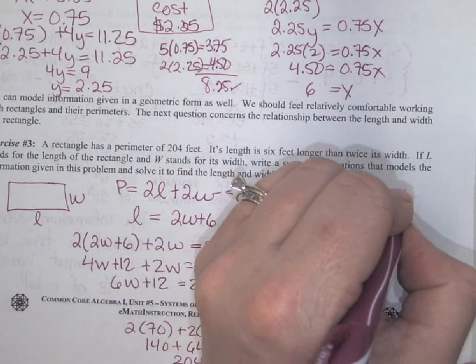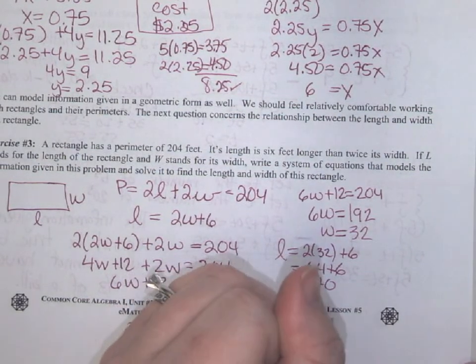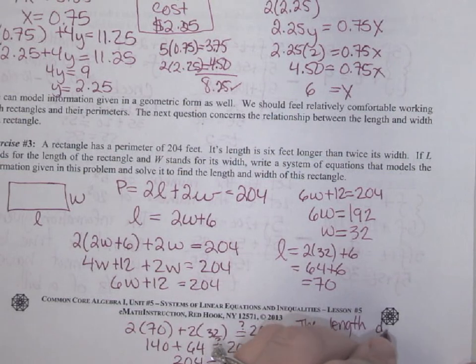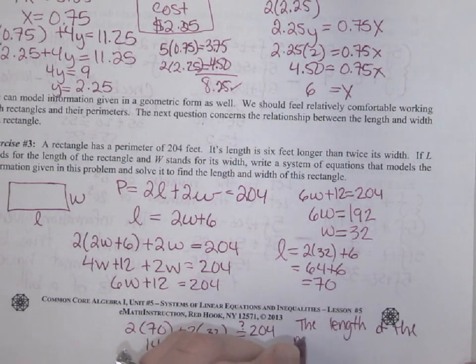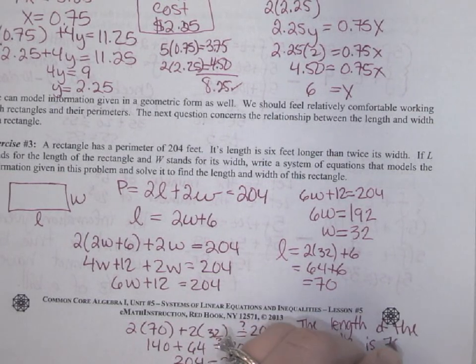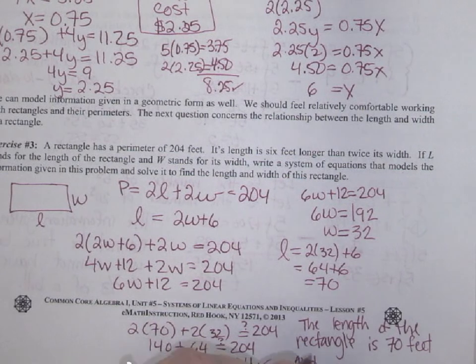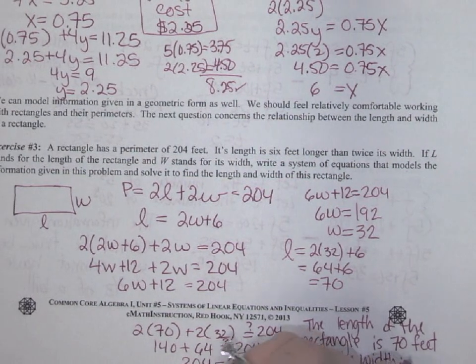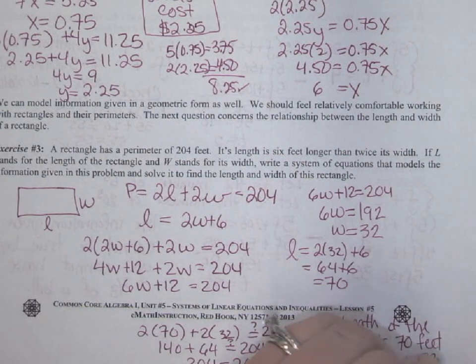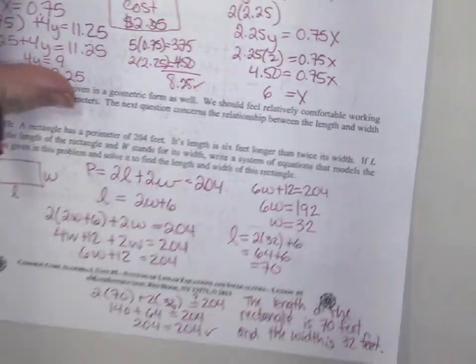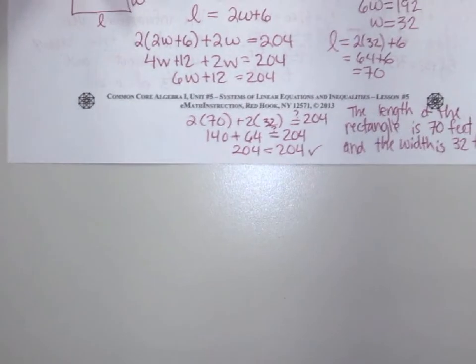So the length of the rectangle is 70 feet, and the width is 32 feet. Okay.